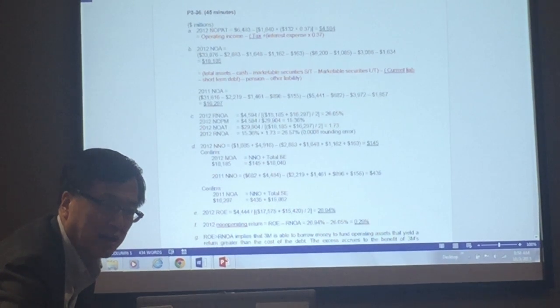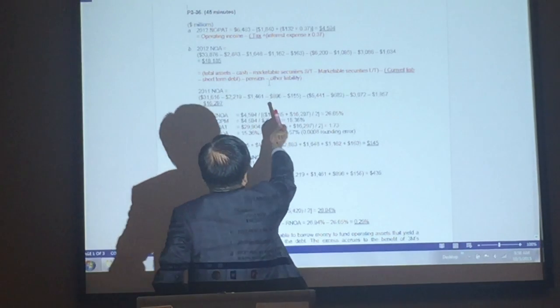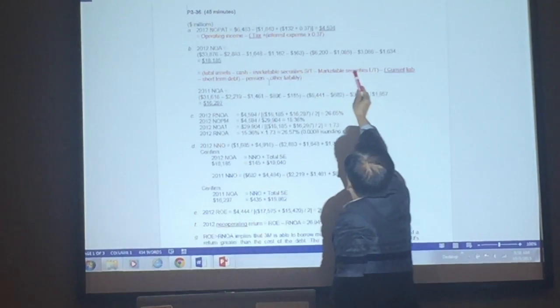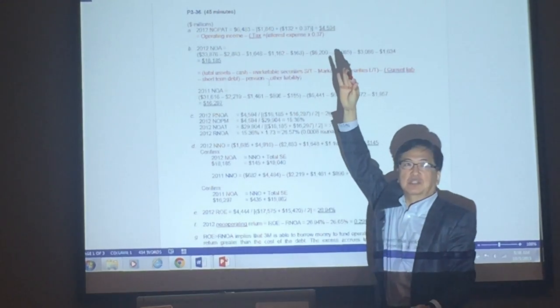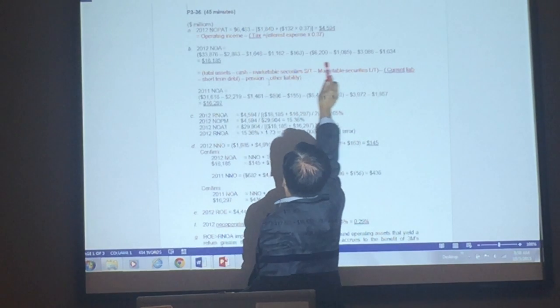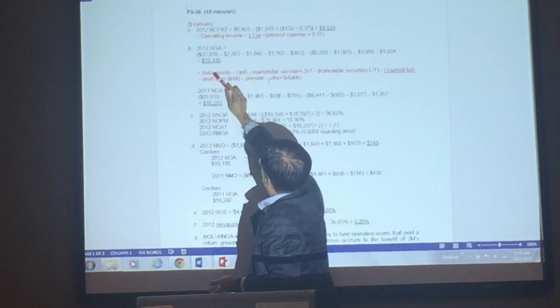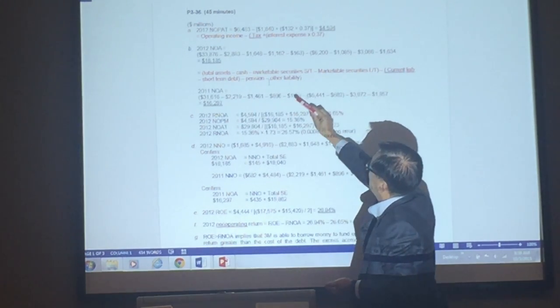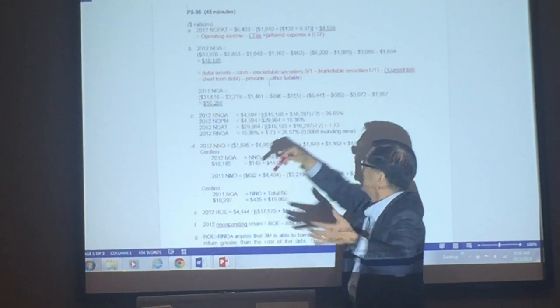And the way I calculate NOA: total assets include cash, marketable securities, short-term and long-term, three items out of the big financial statement. If I subtract the non-operating asset, which is financial asset, from total asset, that will give you operating asset, net operating asset.